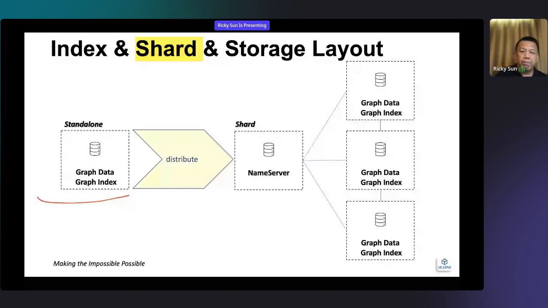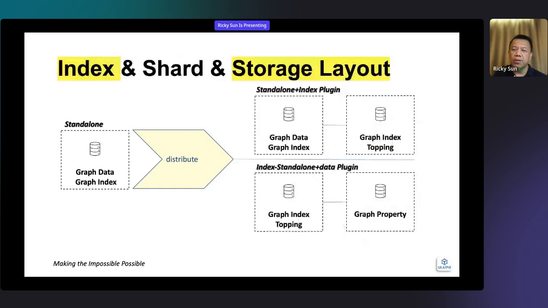And in a very basic distributed setup, you introduce the name server, and you have, let's say, three more shards. Graph data and graph index can still collocate with each other, but now they are partitioned, right? This is a very basic, rudimentary way of doing a distributed setup.